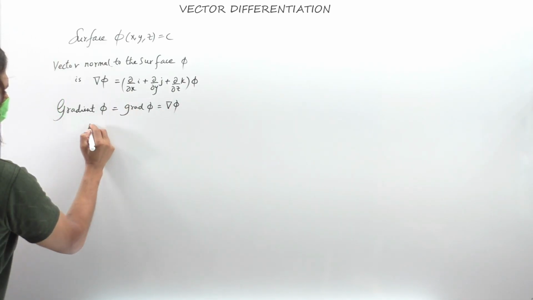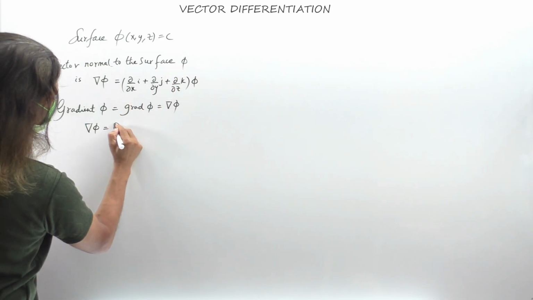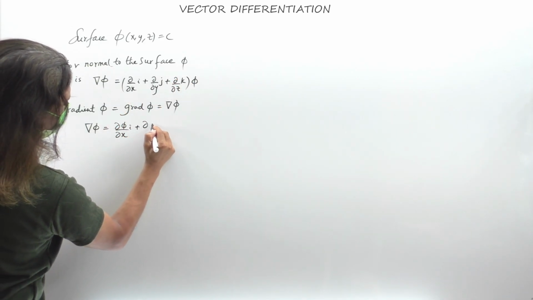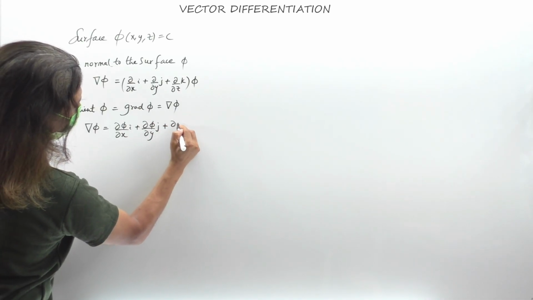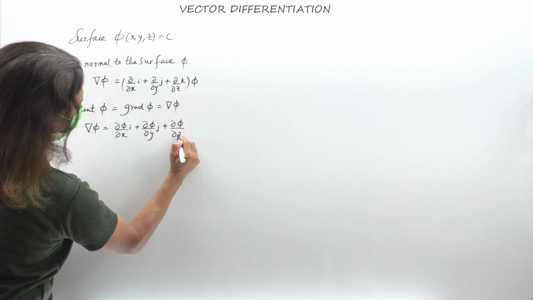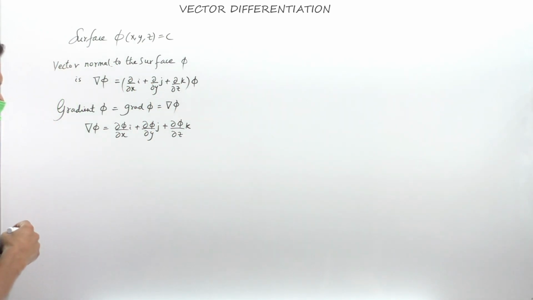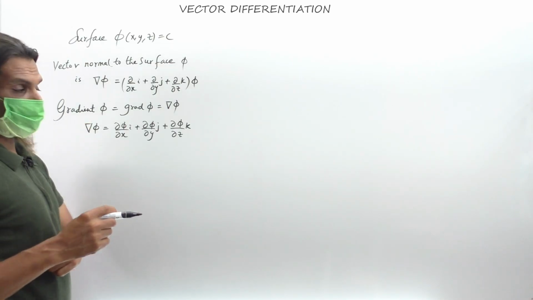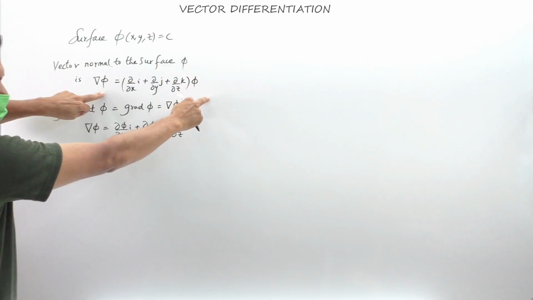We can write del phi is equal to, taking phi inside, dou phi by dou x of i plus dou phi by dou y of j plus dou phi by dou z of k. That's it. This is del phi. Now, the unit normal along del phi. We have the vector normal to the surface is del phi.